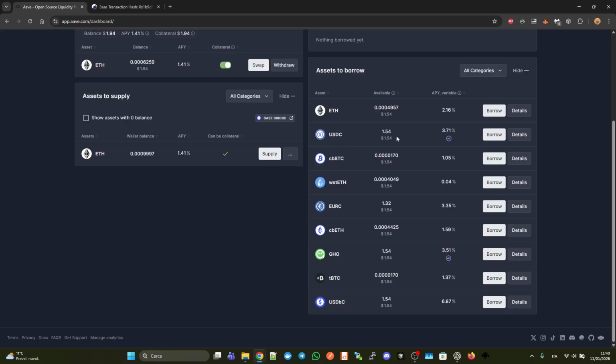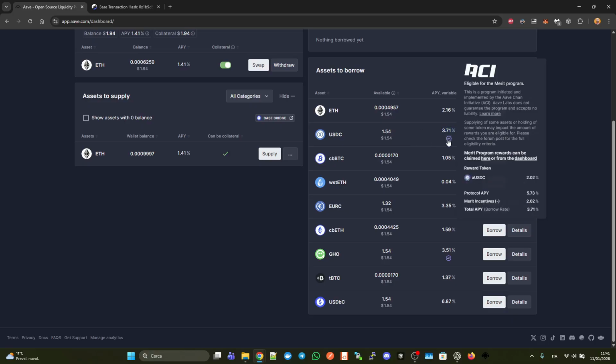The APY, sorry, that we have to pay is 3.71%. But if we look deeper here, we can see that the real cost is 5.73%, and these are merit incentives.